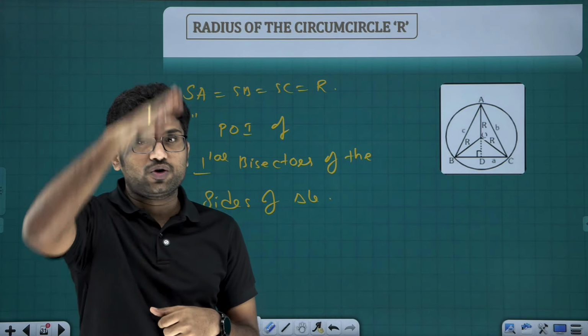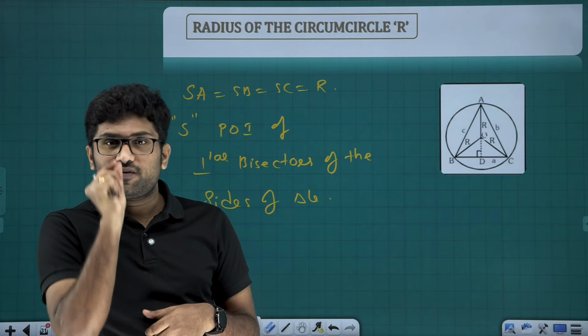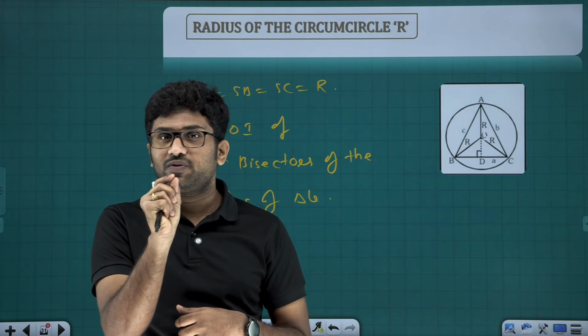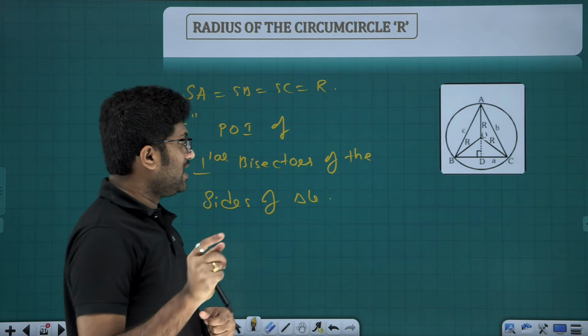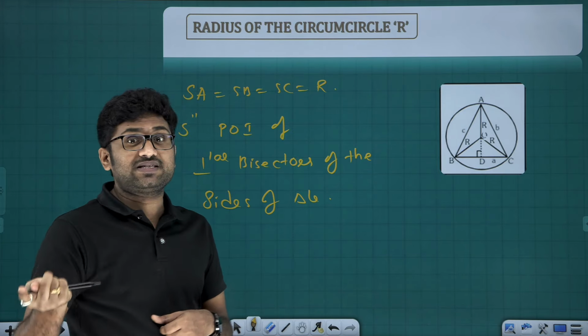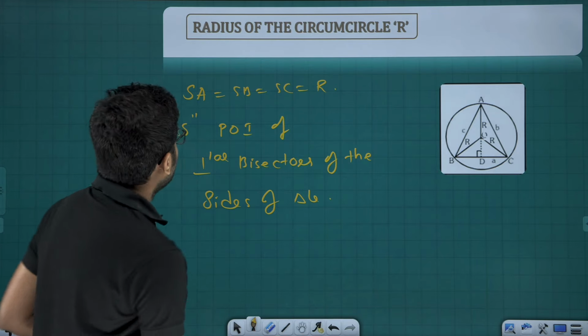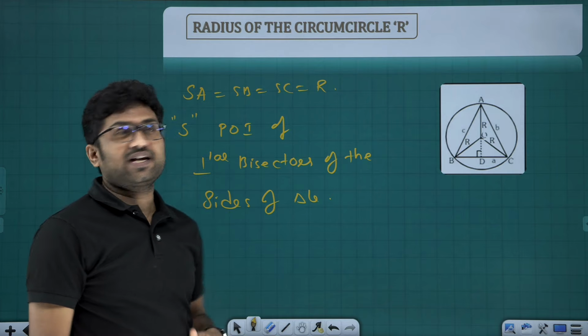So for each side, if you draw the perpendicular bisector, these three are concurrent, and the point of intersection of those three perpendicular bisectors will be S, and that is what we call the circumcenter. Clear? Generally circumcenter is denoted by capital S, whereas small s is semi-perimeter. And the distance from circumcenter to any vertex is called the circumradius.